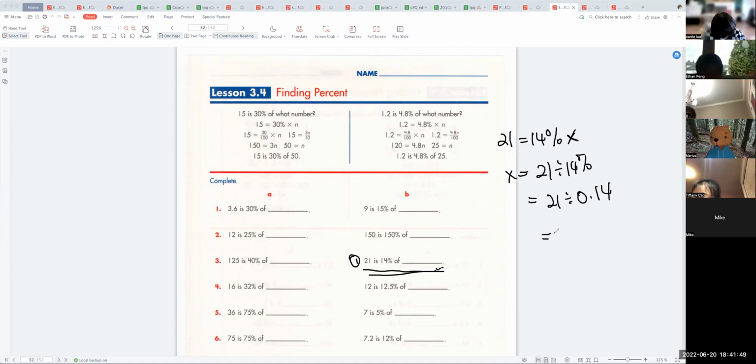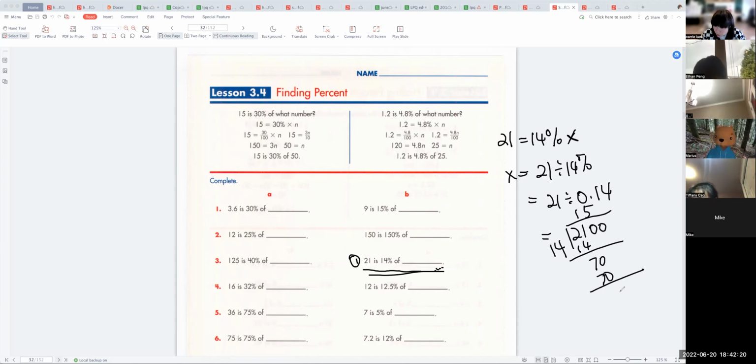So equals? 2100 divided by 14. Get it? So 14 into 21 is 1, so 150.